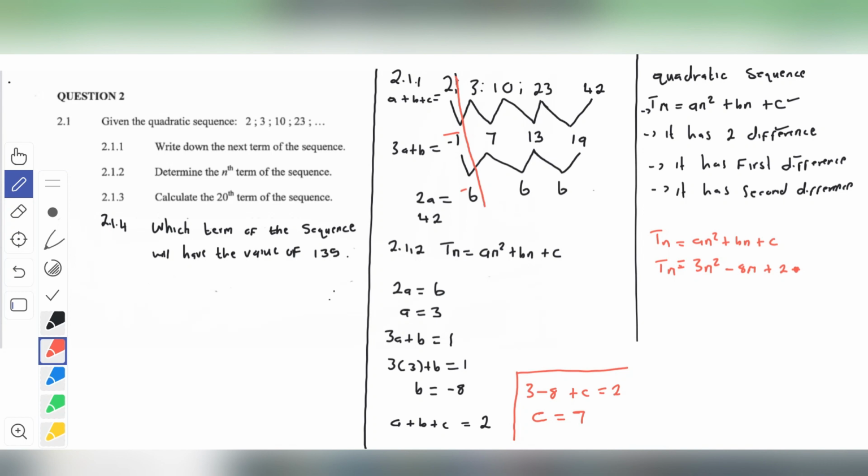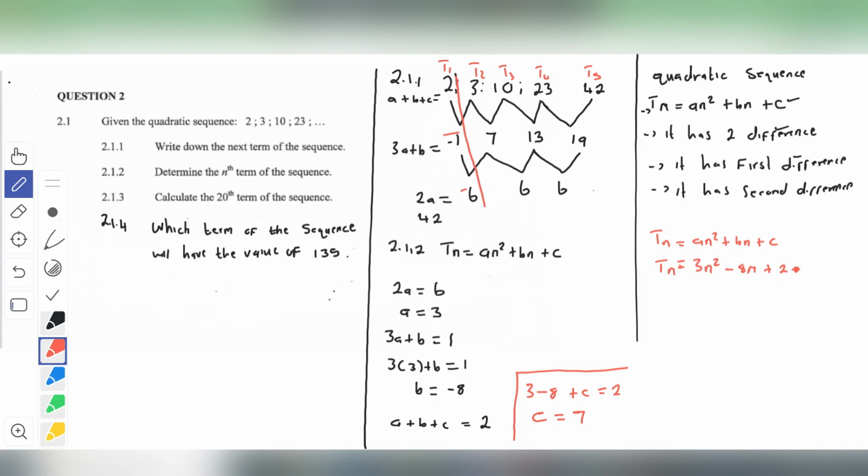Then how are you going to use it? Remember, this is T1, this is T2, this is T3, this is T4, this is T5. So in simpler terms, we want T5. So where you see n, you're going to replace it with 5, and then you are going to get 42.